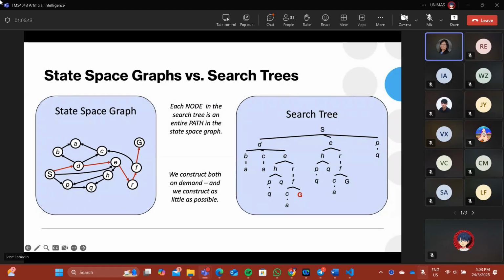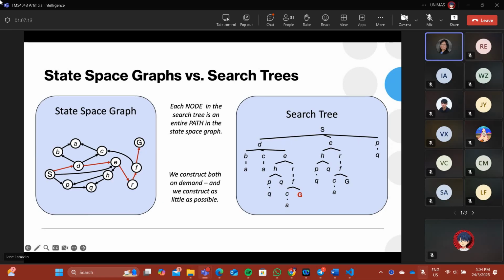Then from D, it can go to B, C, and E, so there are three branches there. E goes to H and R, so two branches only. Then you can develop your tree accordingly.